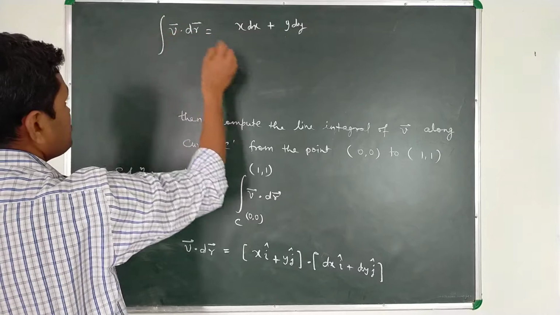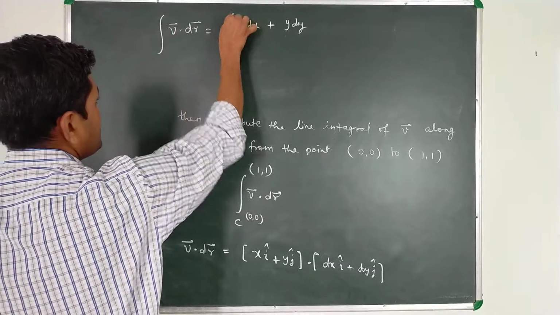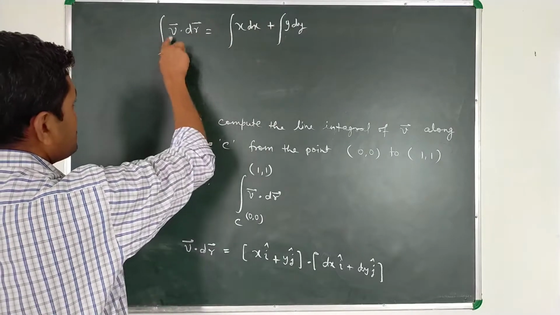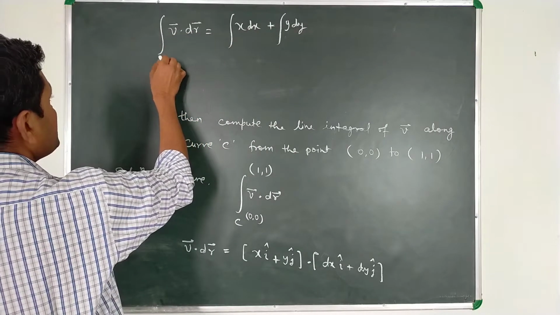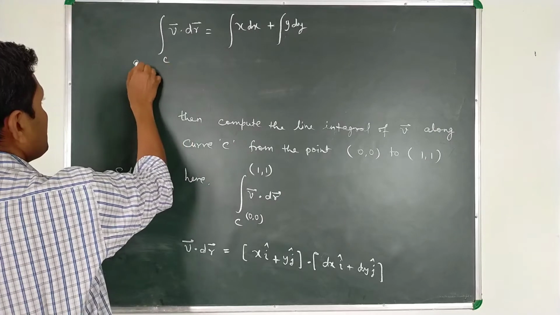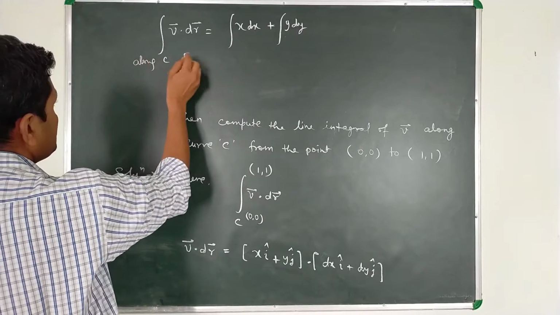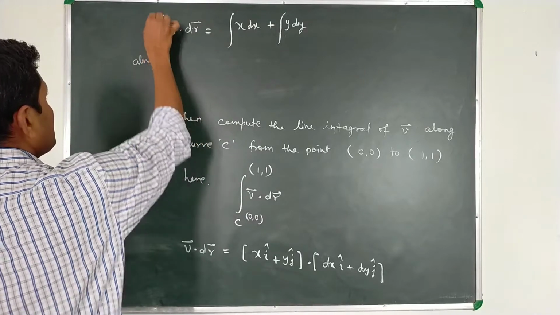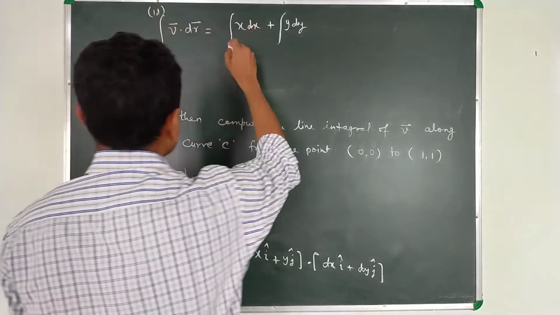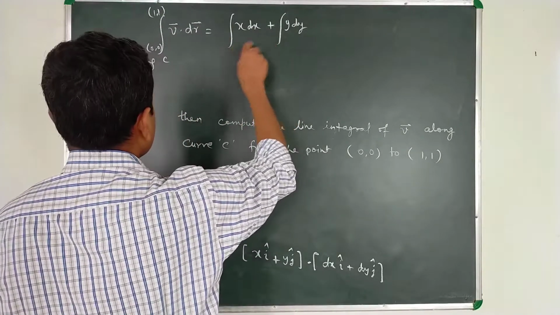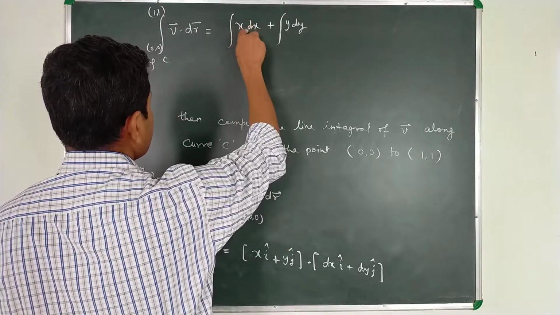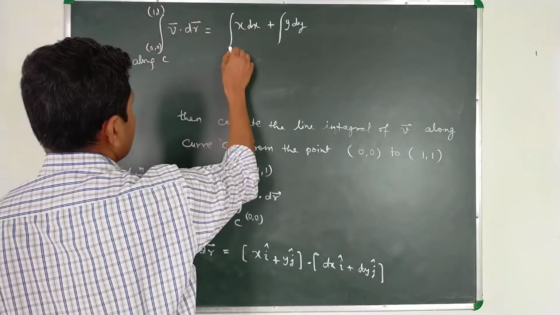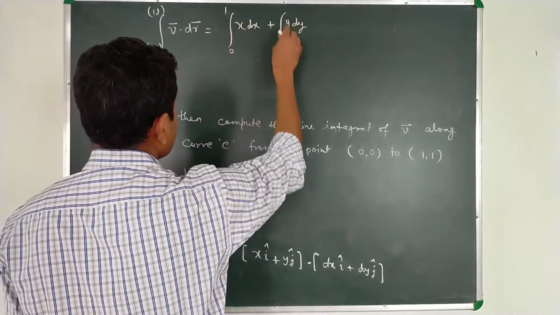And therefore the integral of this v dot dr along curve C from point 0 0 to 1 1 will be equal to this one. And what is this? This is the integral of x dx plus y dy. Now x varies from 0 to 1 and y varies from 0 to 1.